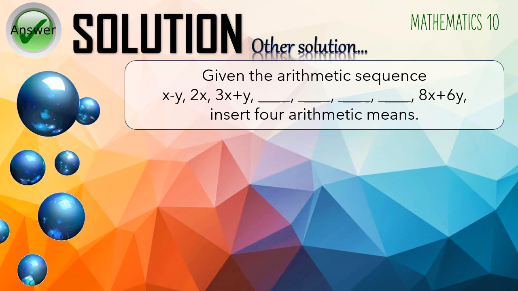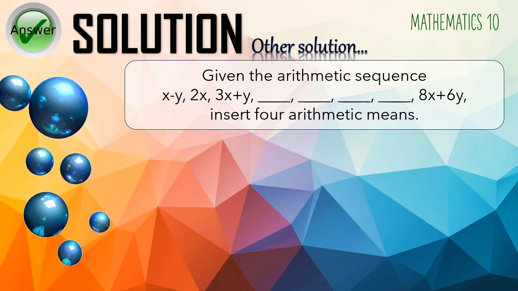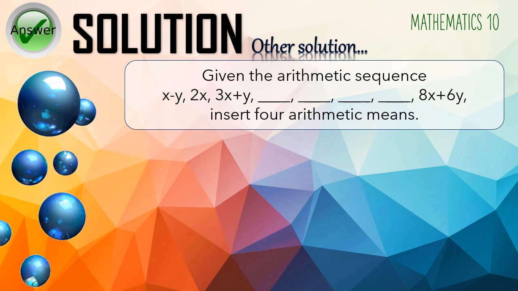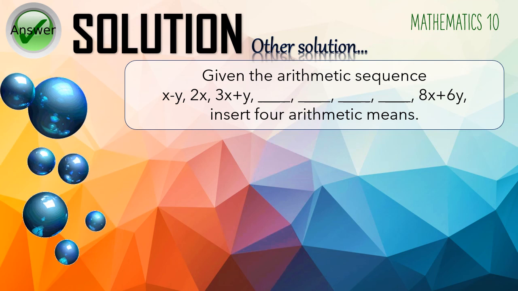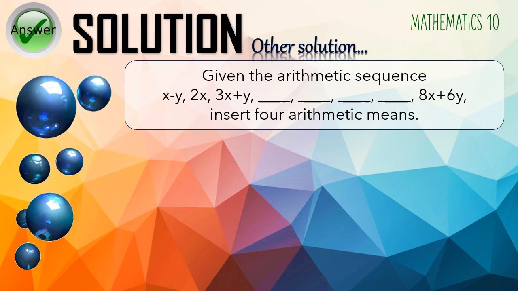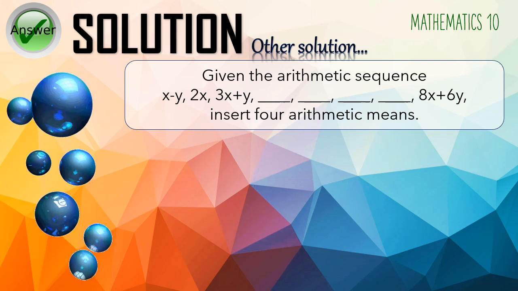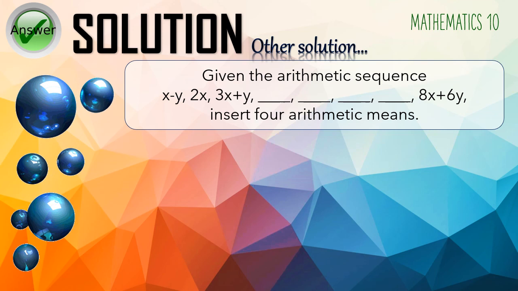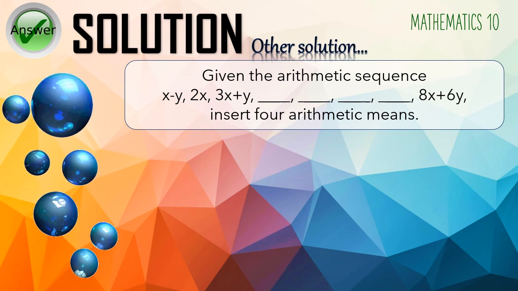So aside from this, guys, we do have another solution which I think is easier than the first one I presented. We all know that we can also get the common difference by simply subtracting the first term from the second term, or the second term from the third term, since luckily I have given you 3 consecutive terms right here.